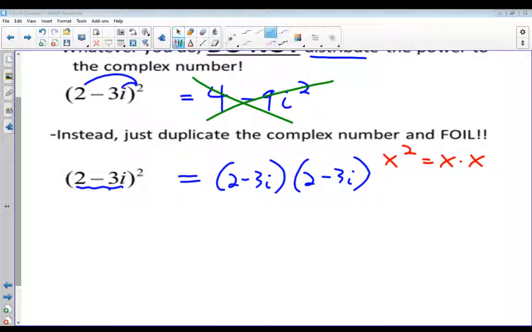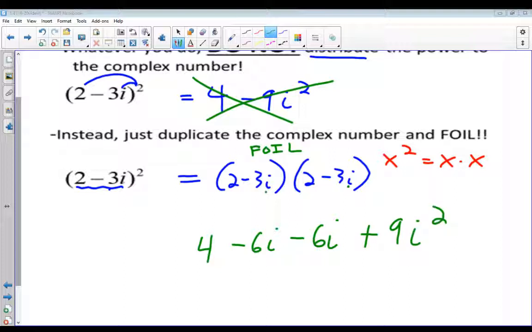And once you have it set up like this, then you have to FOIL. So let's go ahead and do that. First term for FOIL should give you 4. Outside term should give you negative 6i. Inside term should give you negative 6i. And then the final term, negative 3 times negative 3 is 9, and then i times i is i squared.